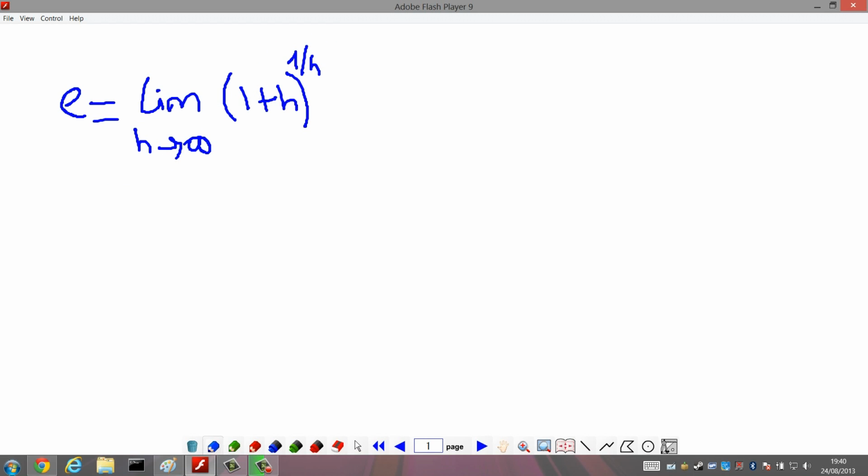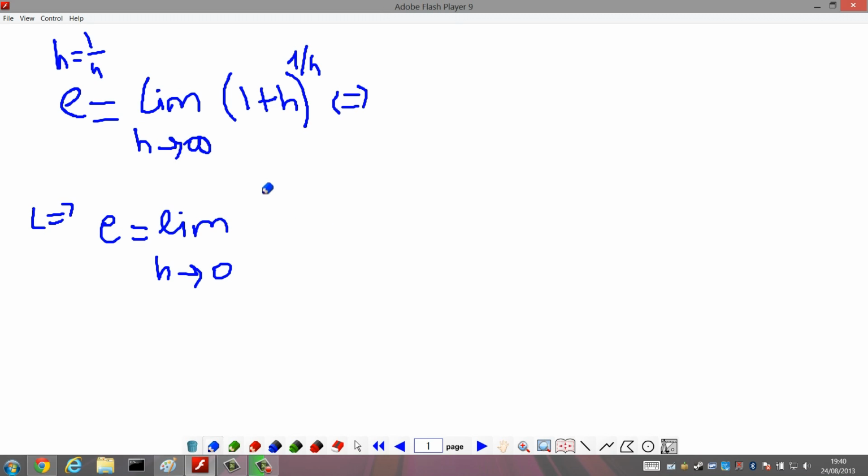Now, let's manipulate this a little, and let's actually say that let h be equal to 1 over h. So what I mean by that is, let e equal the limit of h as it approaches 0 of 1 plus h, sorry, that's the other way around.